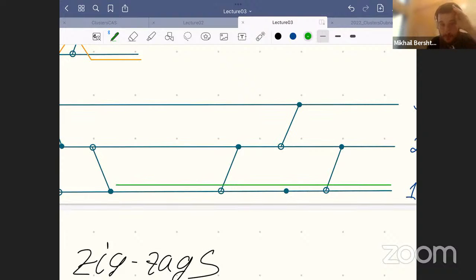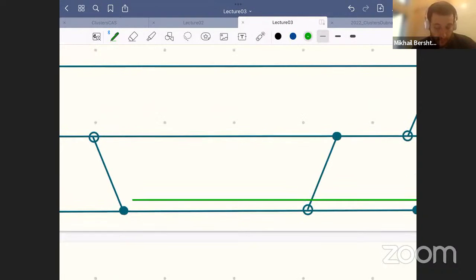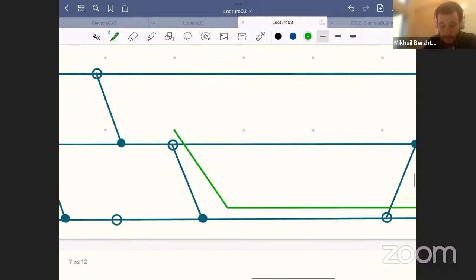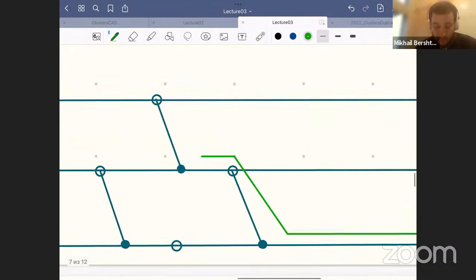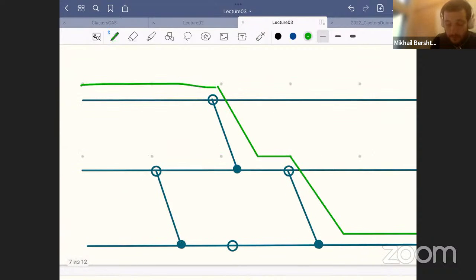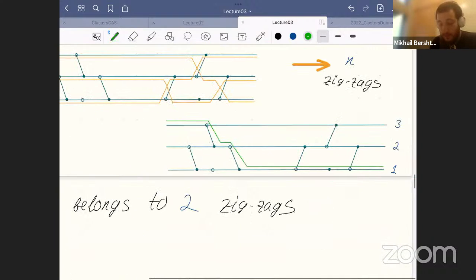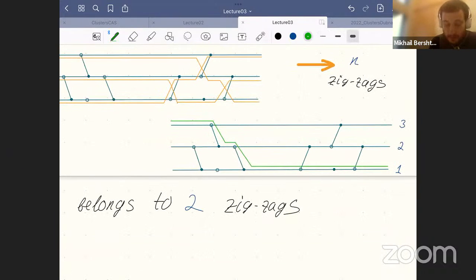Now on the black, move right, and here we should do something like this. On the black, move right, something like this. And exit. So these are zigzags which go in the opposite direction. We should draw them in green. Again, we have n such zigzags.